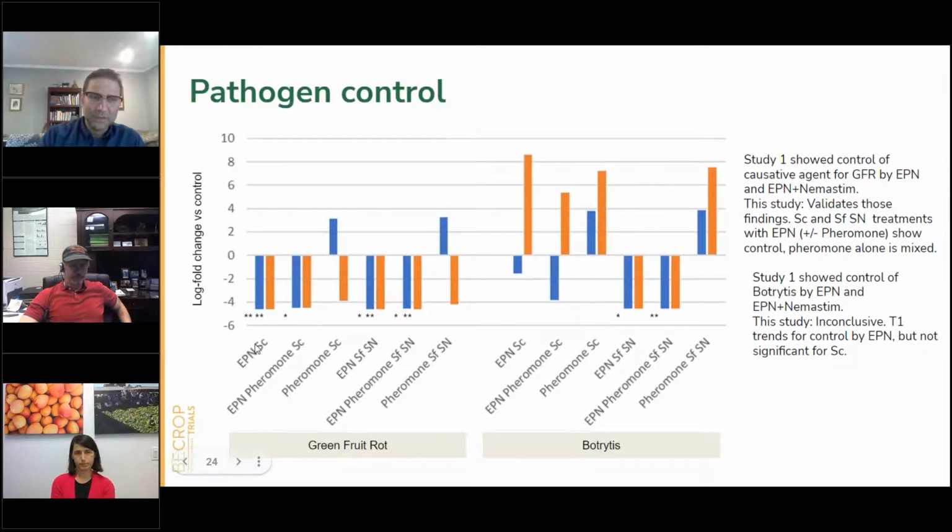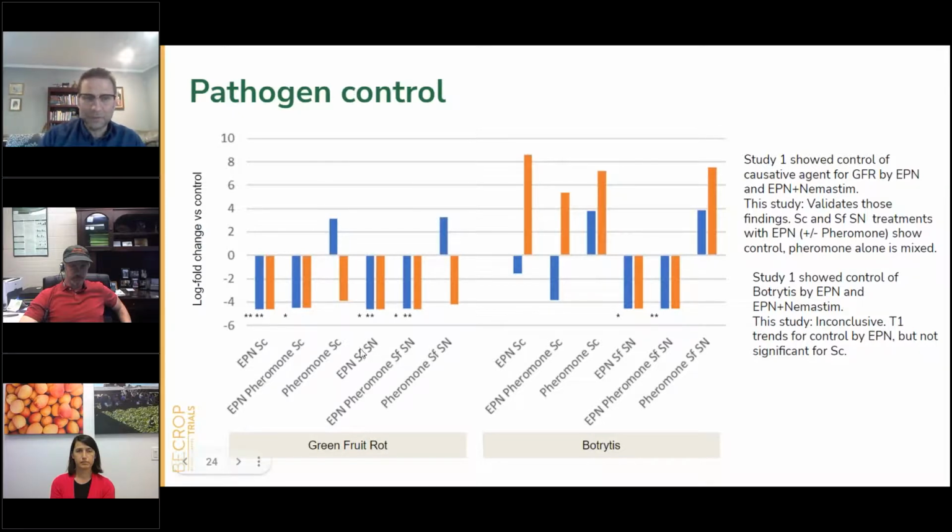So in this case, we have these two with the entomopathogenic nematode: the nematode itself, as well as the nematode with the pheromone. Where we have the pheromone, we have a mixed result.